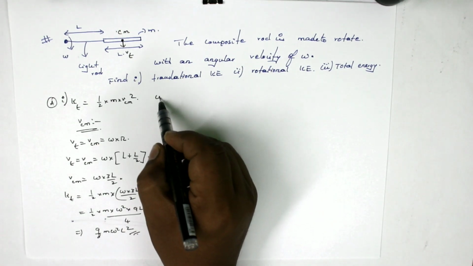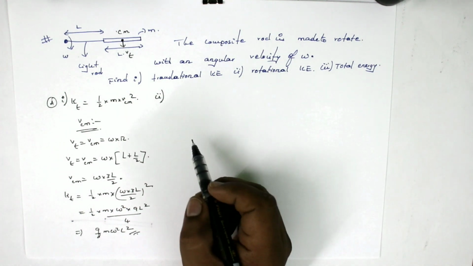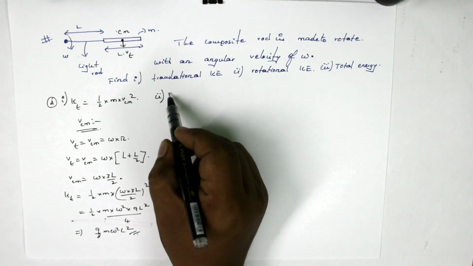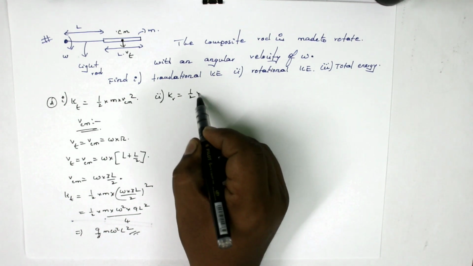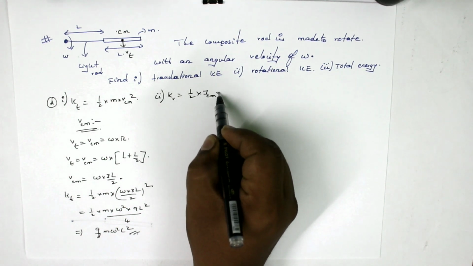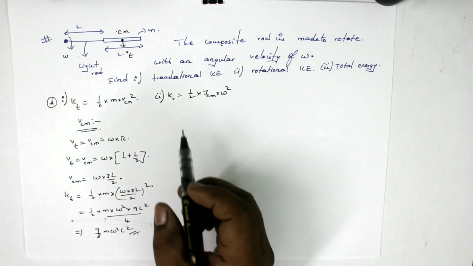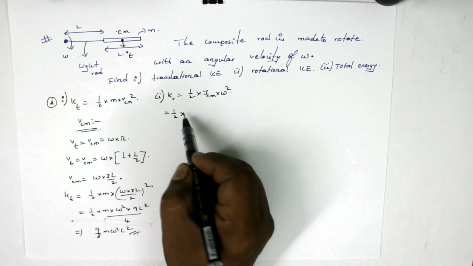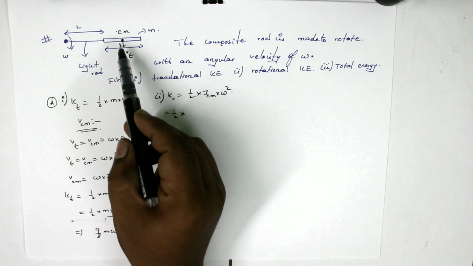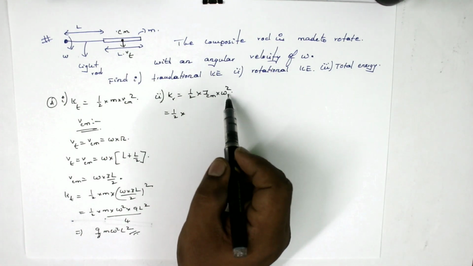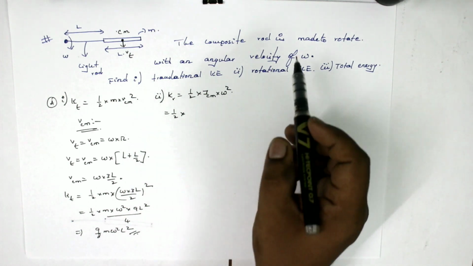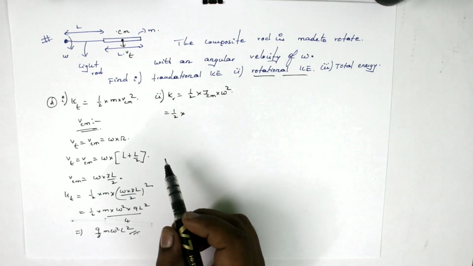Now second one, we are supposed to find out rotational kinetic energy. If I want only rotational kinetic energy, then the equation is half I center of mass into omega square. So now I am considering this rod to be rotating only around its center of mass with an angular velocity of omega, then I will get only rotational kinetic energy.